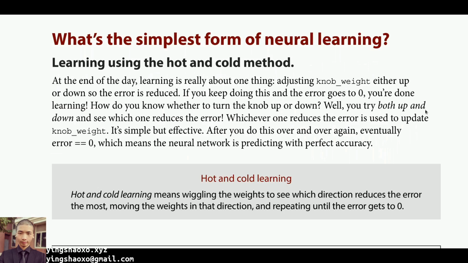Well, you try both up and down and see which one reduces the error. Okay, that's a genius idea. I didn't know that before. Whichever one reduces the error is used to update the knob weight. It's simple but effective. After you do this over and over again, eventually the error will be equal to 0, which means the neural network is predicting with perfect accuracy.